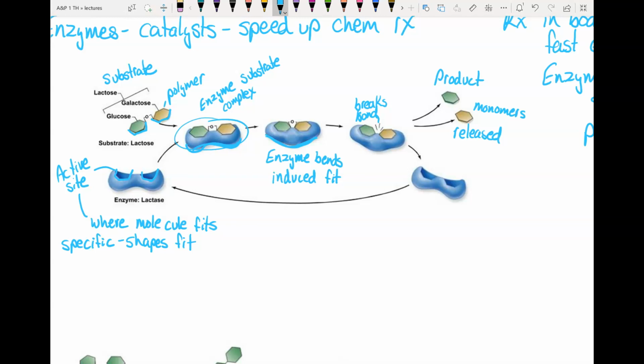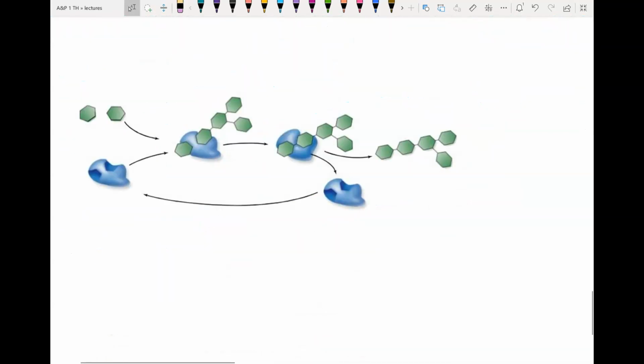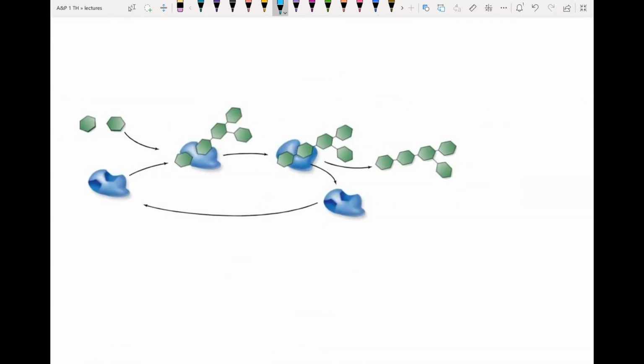The enzyme goes back to its original shape, so it unbends. And then notice we have an arrow here that it goes back to the start. It's ready to go again. So you can reuse your enzyme. Let's look at another example. Here's our enzyme. And notice here, these are the active sites.